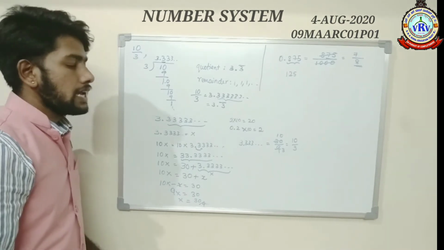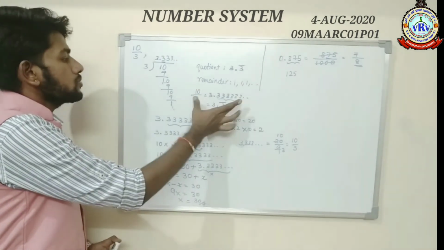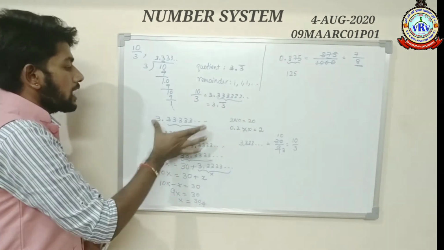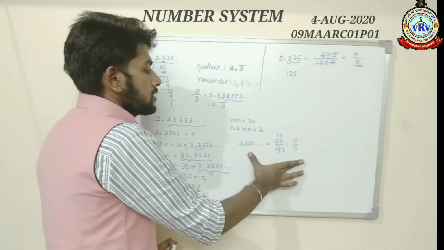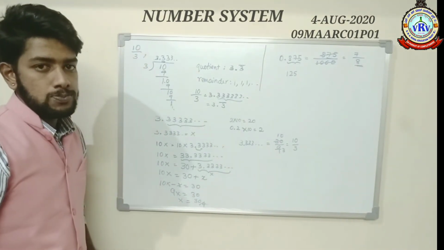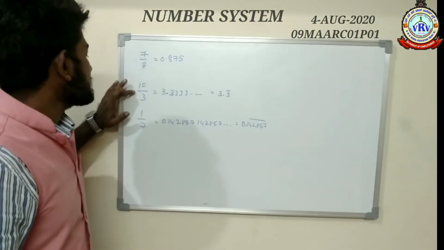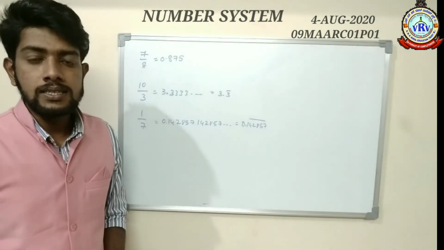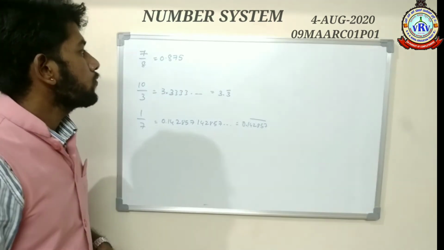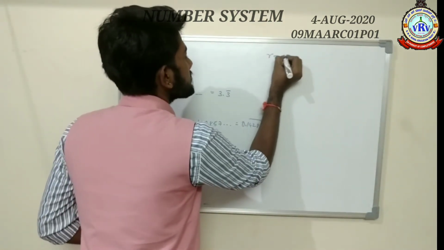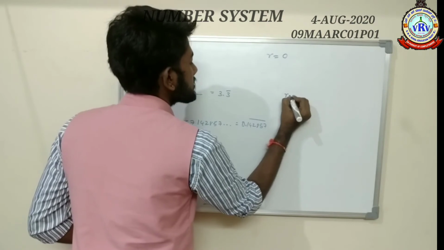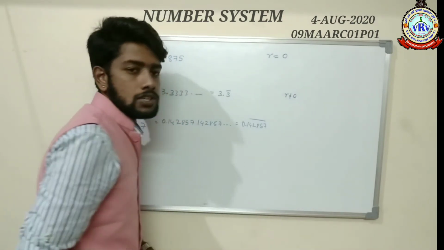So we can convert any rational number to a decimal expression, or any decimal expression to a rational number, using this procedure. We got the decimal expression for 7 by 8, 10 by 3 and 1 by 7. There are two cases. One, the remainder becomes 0, and the second case is the remainder is not equal to 0.